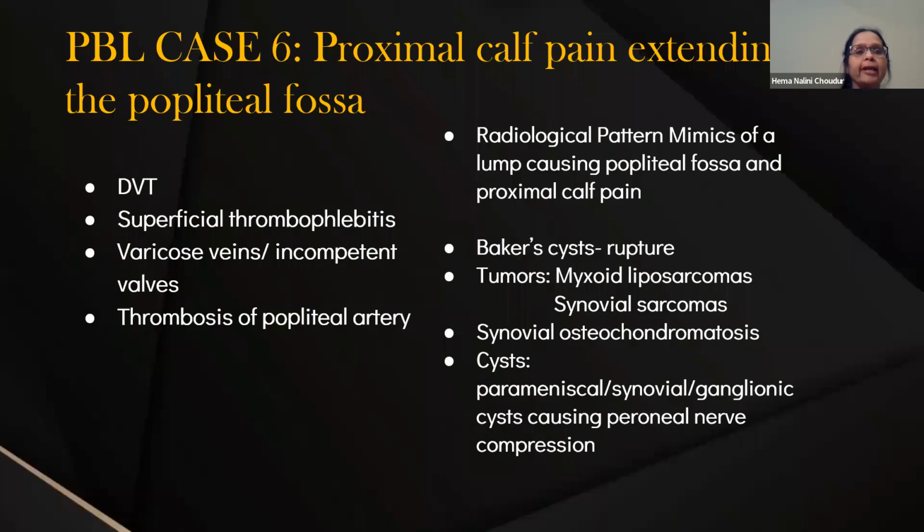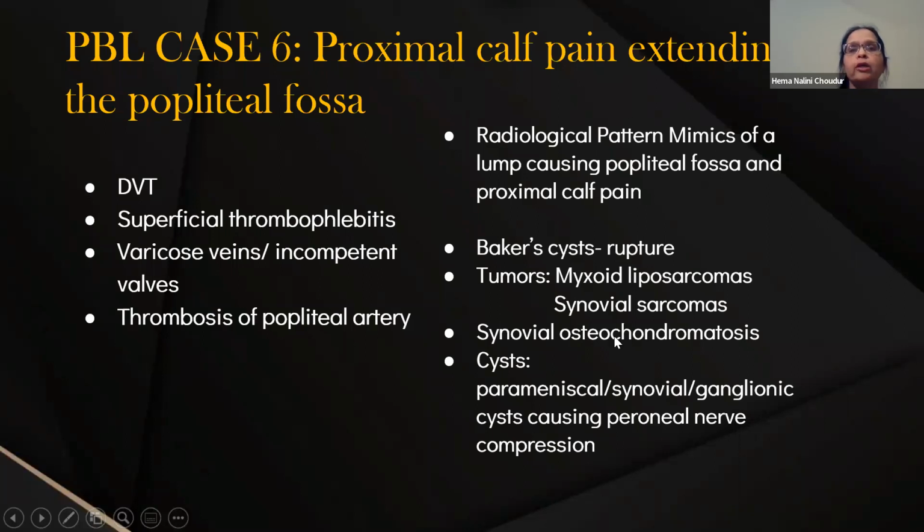So for our case 2, which is proximal calf pain extending to the popliteal fossa, we looked at DVT, which is the commonest, and superficial thrombophlebitis. We've looked at varicose veins, which can get thrombosis of the popliteal artery.